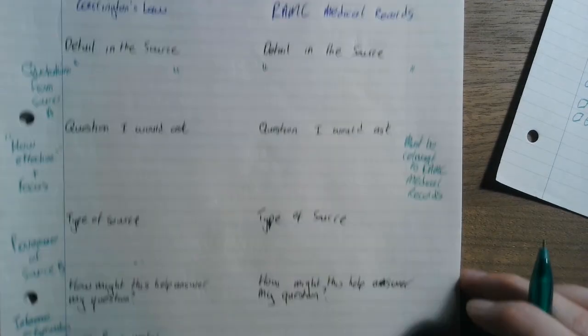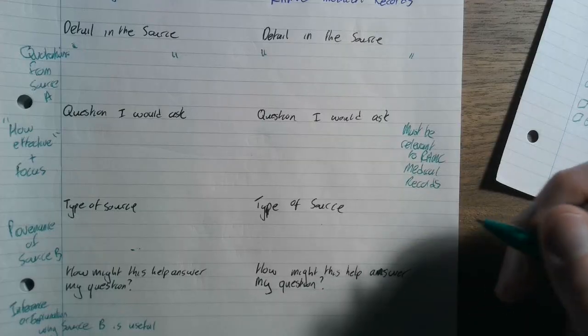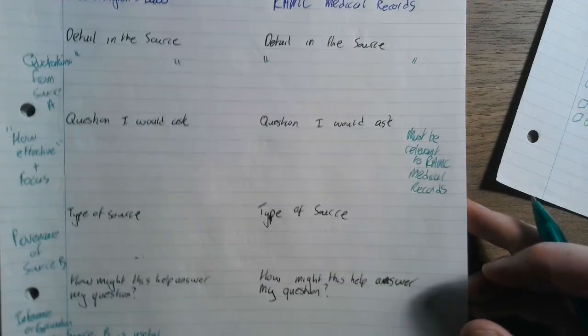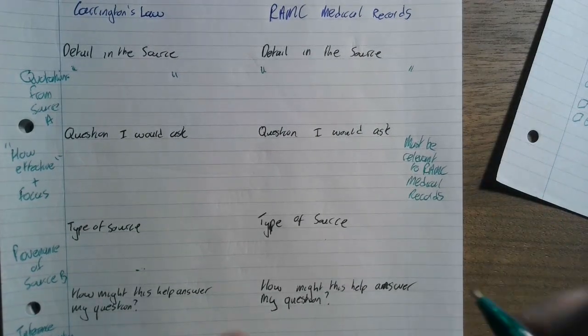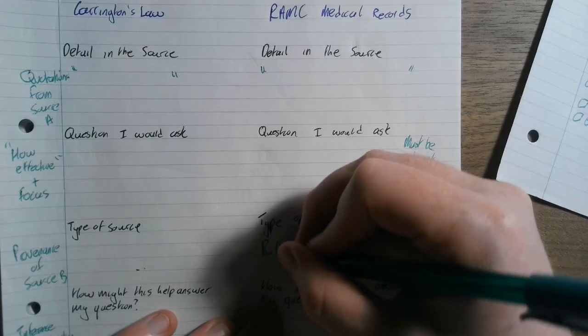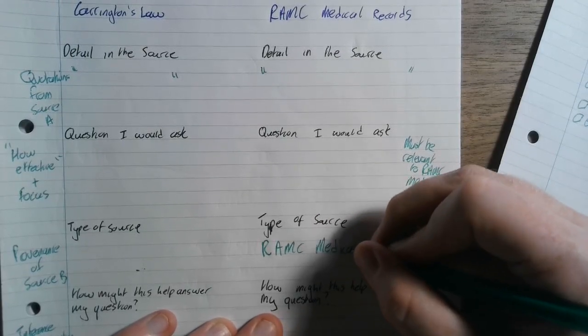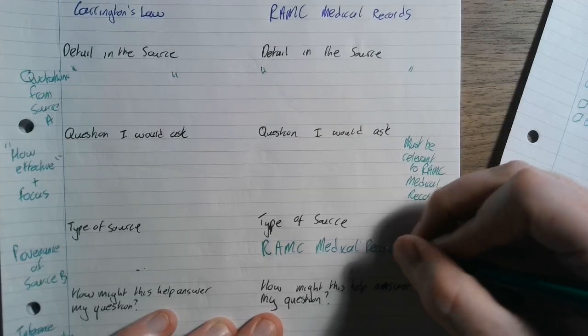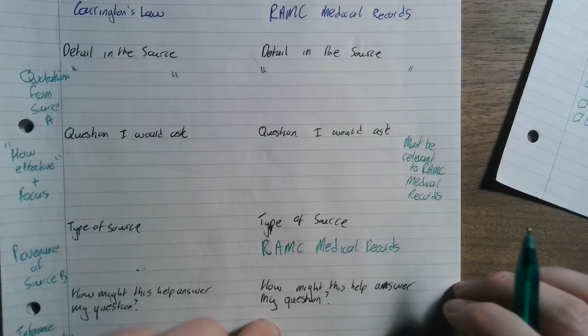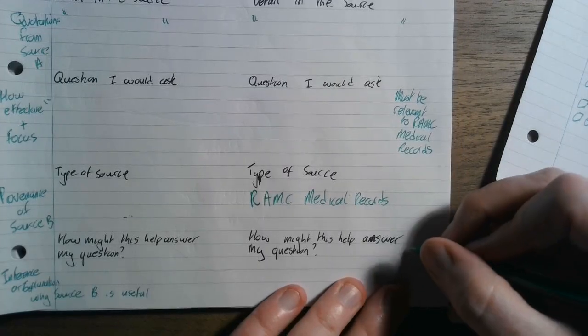The type of source that you're going to use, well, you're just going to say RAMC medical records. So that's the source that you're going to use. I'm going to write that in now. And for the final one, you just need to say why.